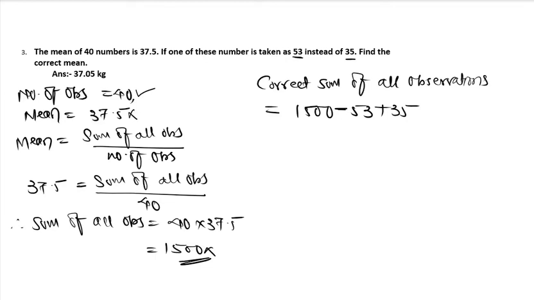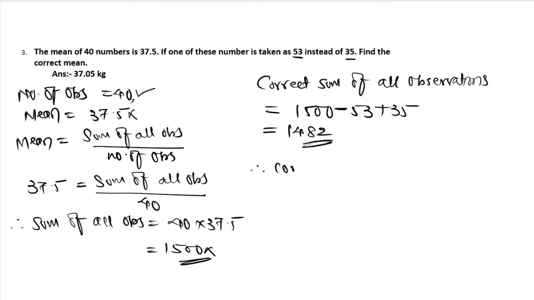So what I'm doing is I'm subtracting the mistake from 1500, that is 53, and I'm adding the correct number, which was 35, which had to be taken. So 1482 is the correct sum.